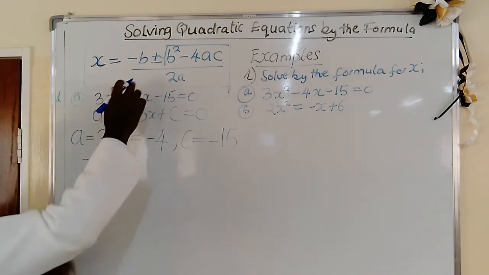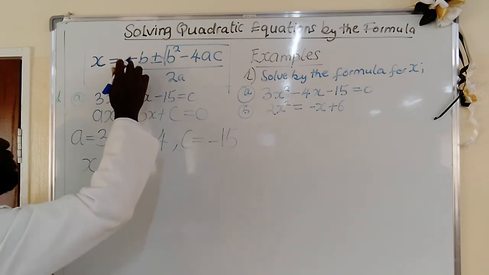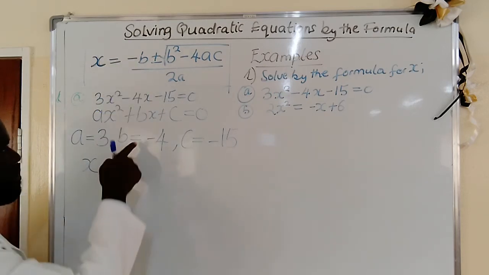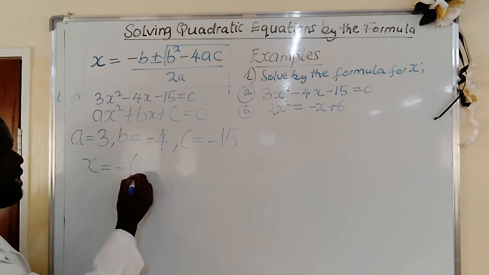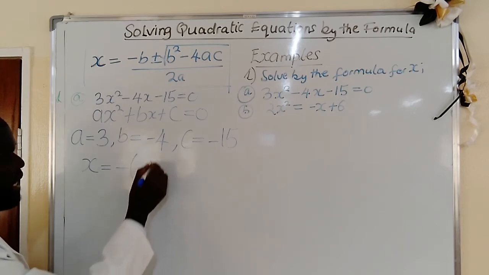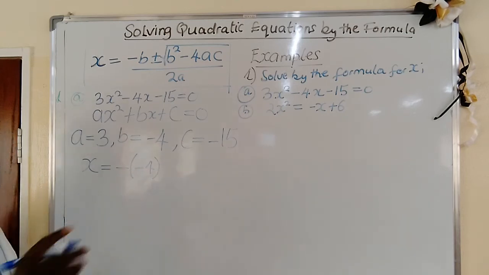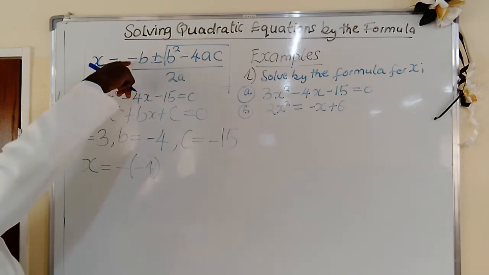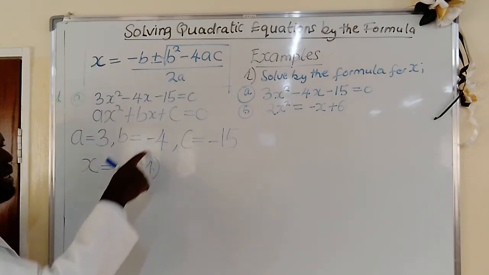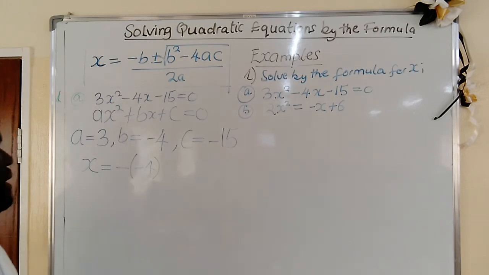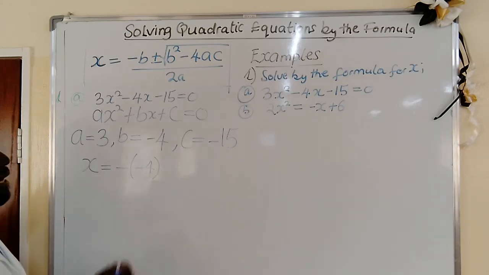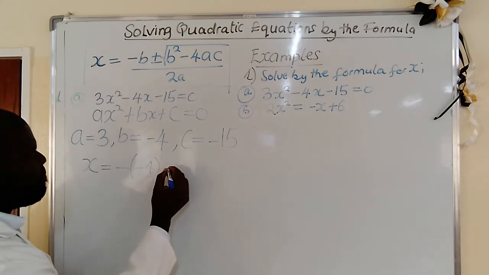So x is equal to negative b. b is already negative, so you can see we have two negatives: the negative with the formula and the negative for the particular quantity.